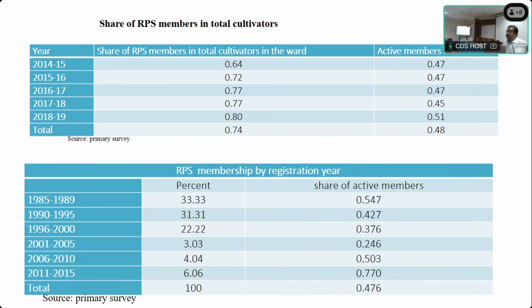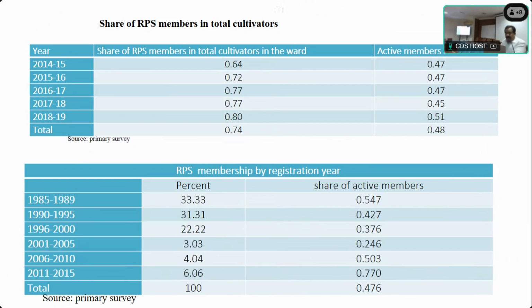But if you look at the active members' share, while RPS members are increasing, the active members' share is stagnant. It doesn't change, about 47%. So only about 47% of the total rubber producing RPS members are actually active members. And about 80% of the entire village where there is RPS, they are active members.